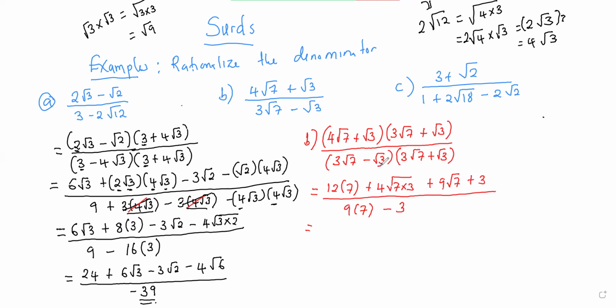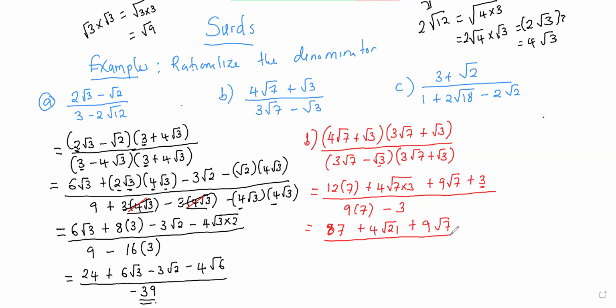And then root 3 times root 3, remember, we're getting a 3. So now what is 12 times 7? 14, that's 84. 84 plus 3, that's 87. So we have 87 plus 4 root 21 plus 9 root 7.